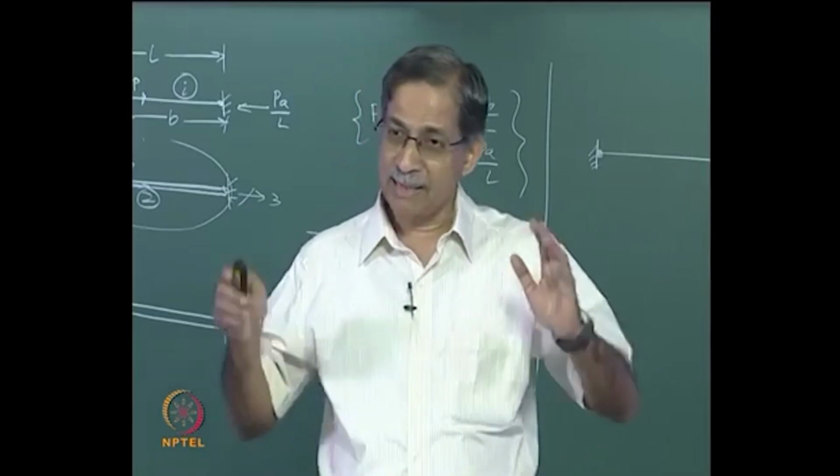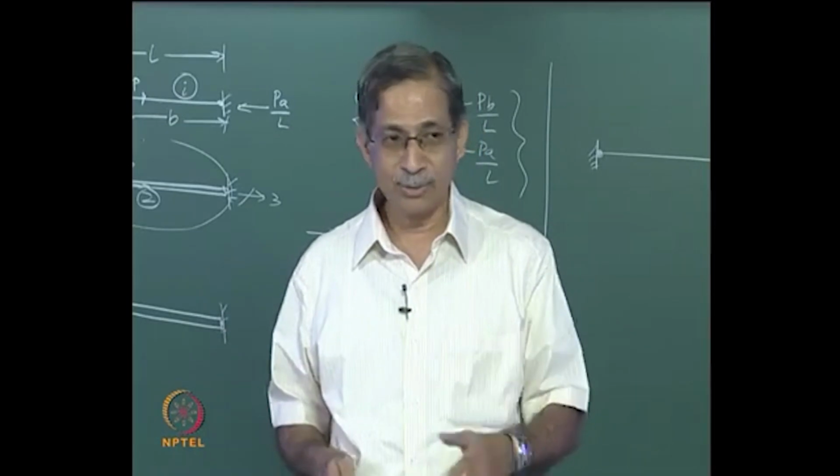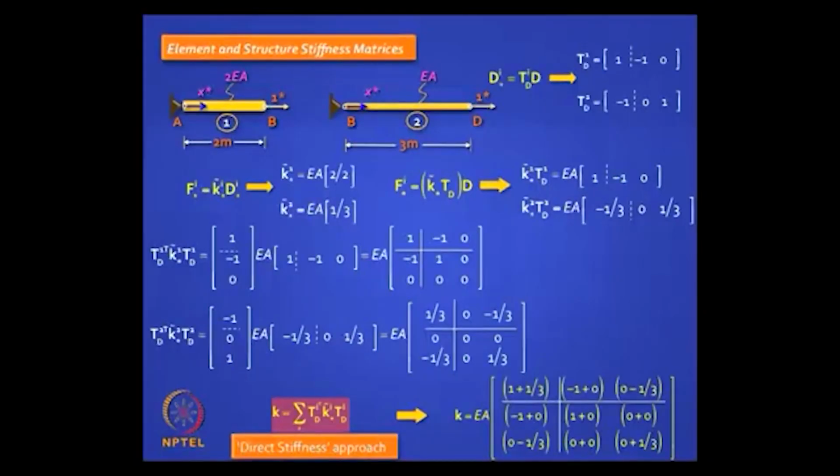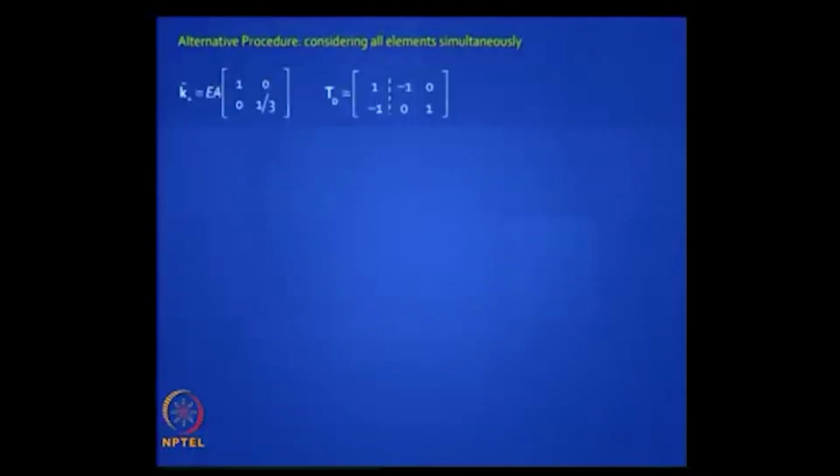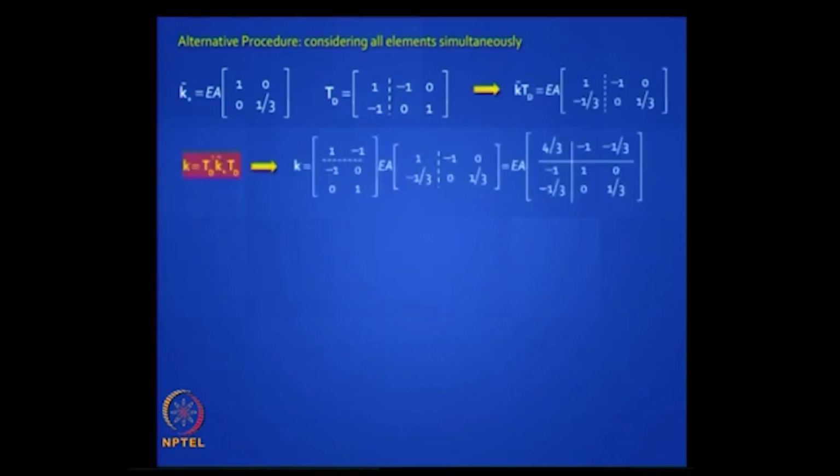If you want to handle everything in one go rather than do superposition, that is also possible. This element by element approach is sometimes called the direct stiffness approach, but you can do it alternatively by taking the full K star diagonal matrix, the full TD matrix and do the same operation, go through these steps and you will get the same matrix.